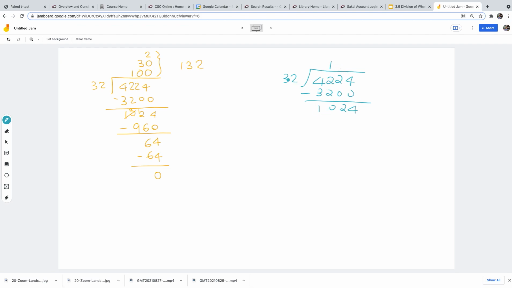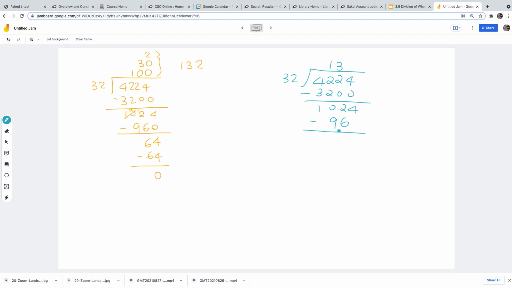And how many 32 goes in 102 tens? So we can say 3 tens, because 3 times 2 is 6, and 3 times 3 is 9. It's small enough to subtract from 102, and the remainder only up to this digit should be less than 32.